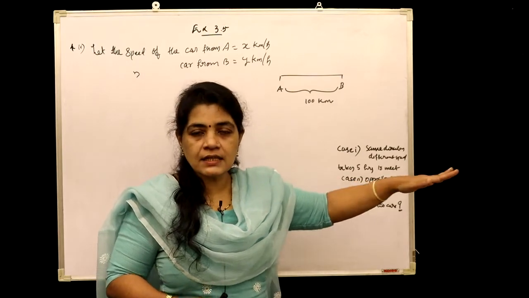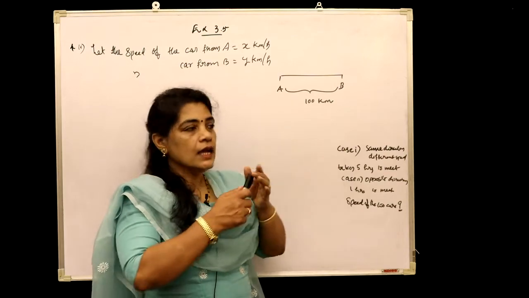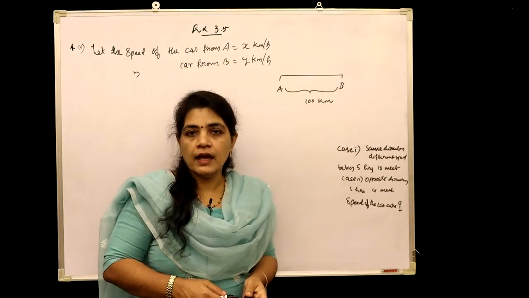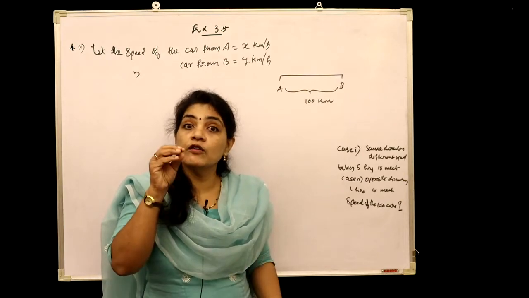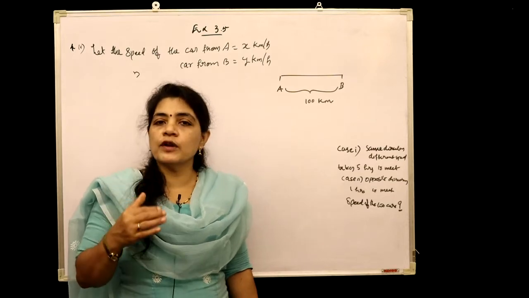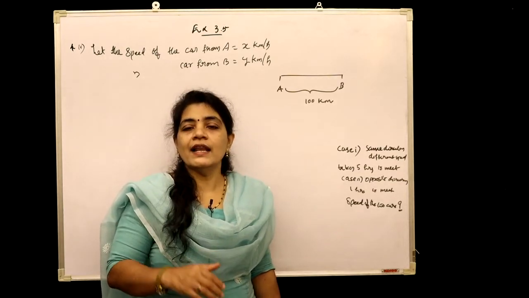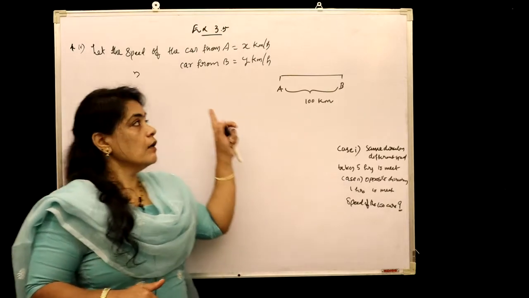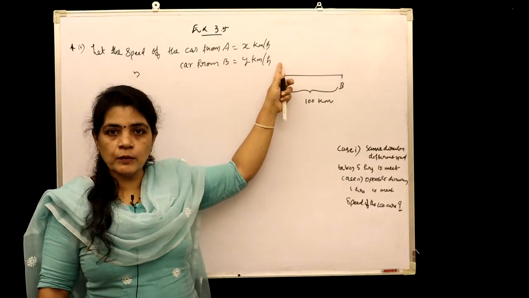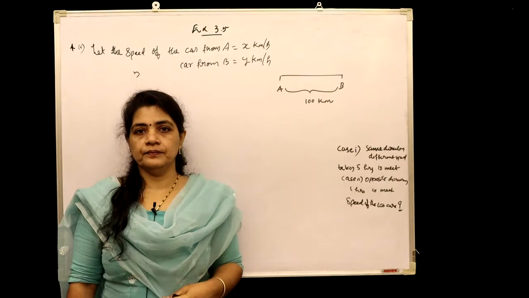The first case is in the same direction and the second case is towards each other. What is asked is the speed of the car starting from point A and the car starting from point B. Let them be x and y. The speed of the car from A is x km/h and that of the car from B is y km/h.